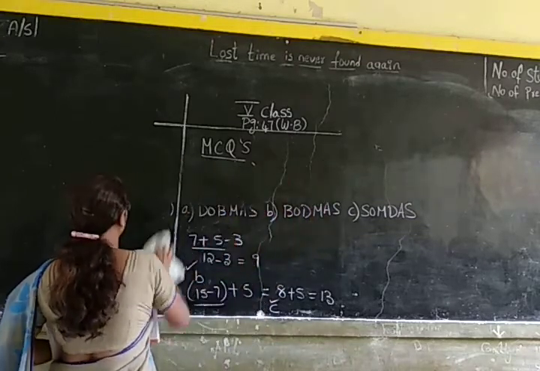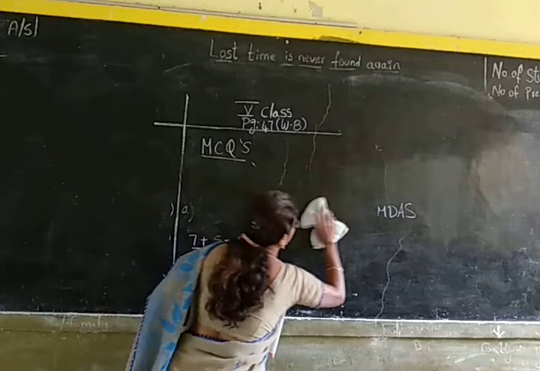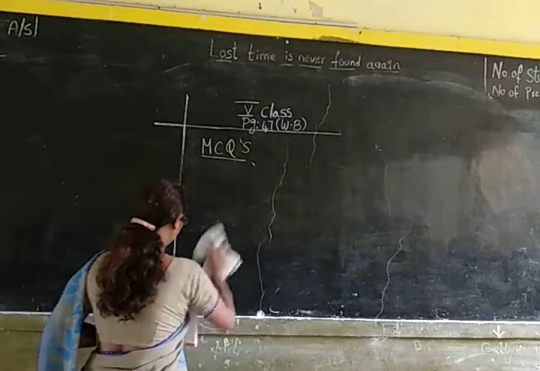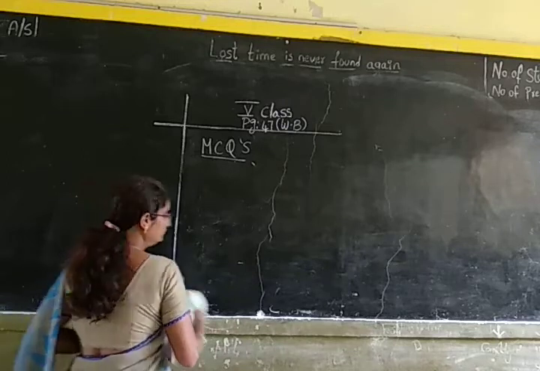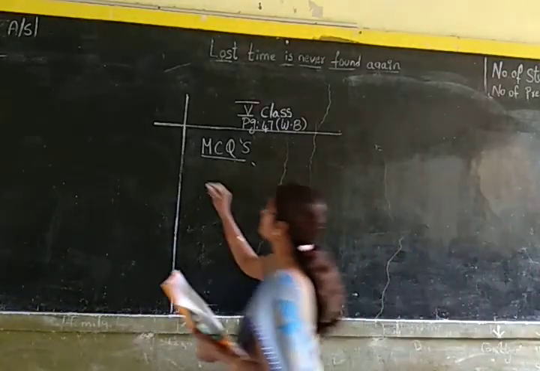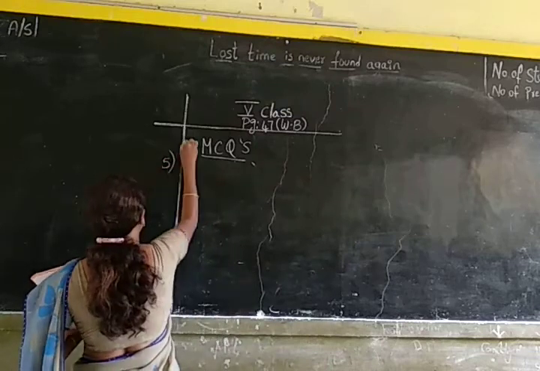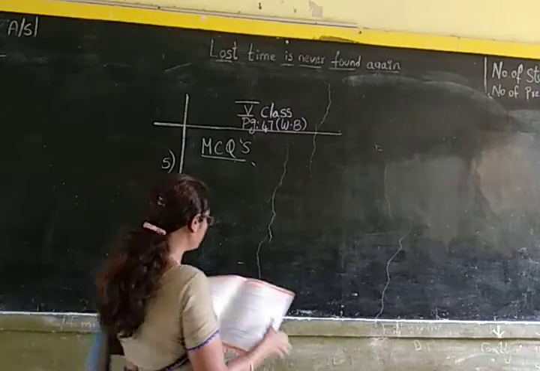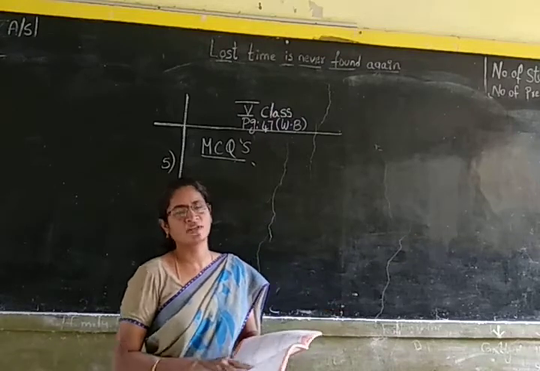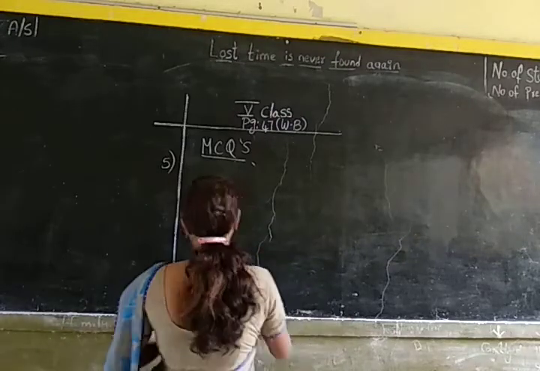Let us do the fifth question. So what is the fifth question? The correct answer for the expression. Here there is an expression given and you have to solve the expression and find out the correct answer.